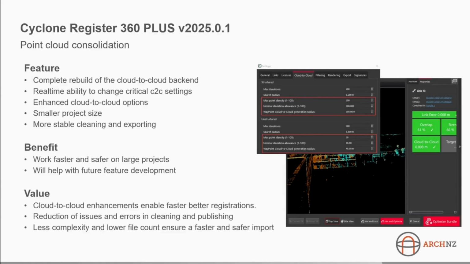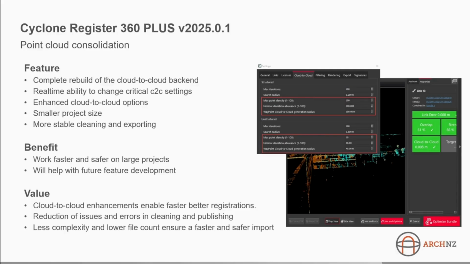Another big change behind the hood is the whole reworking of the cloud-to-cloud backend in Register 360. It's probably not well understood by users, but in the past, when you import your data to begin with, there are two clouds created. There is the registration cloud, or the cloud-to-cloud cloud.